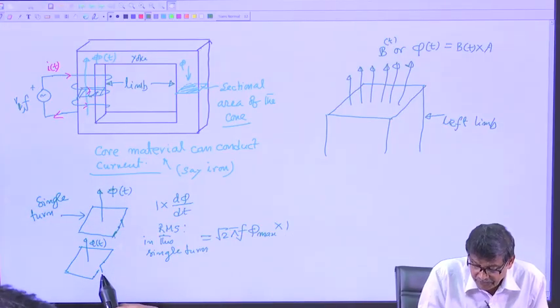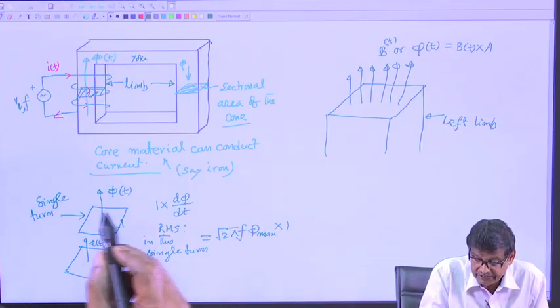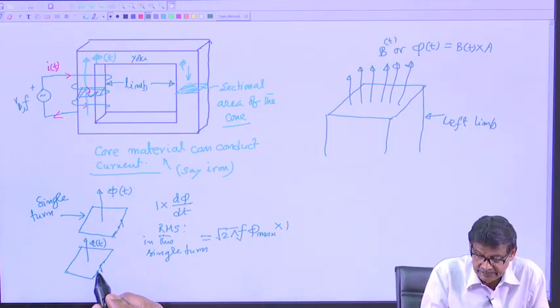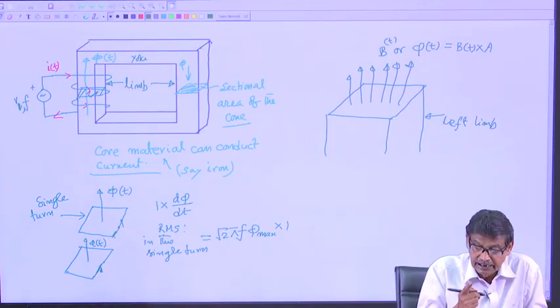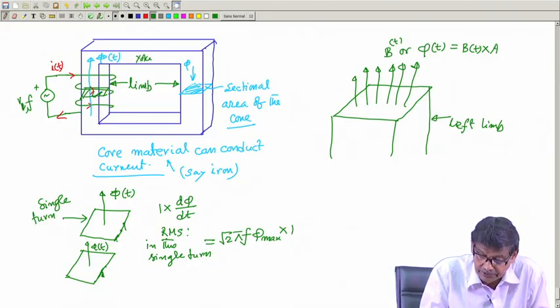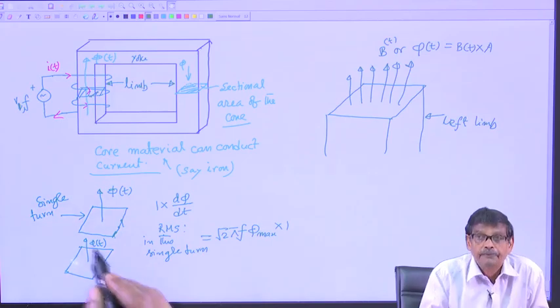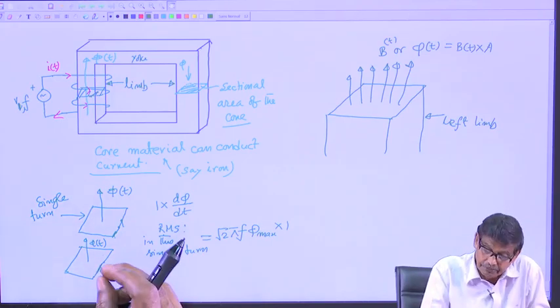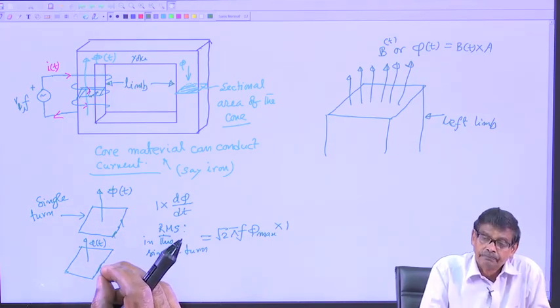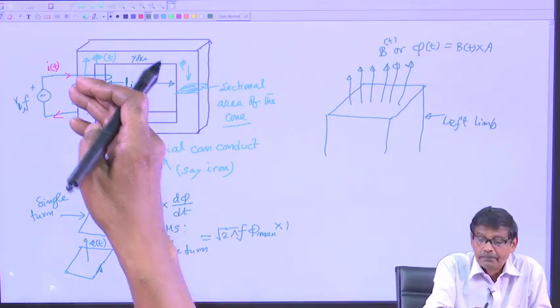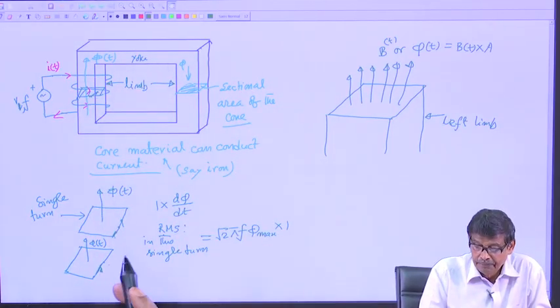Therefore, if this turn is closed onto itself, then I will say there was an induced voltage, and now this induced voltage will drive a current in this loop. Why not? Because it has become a seat of EMF, as it happens in any turn in the primary and secondary coil.